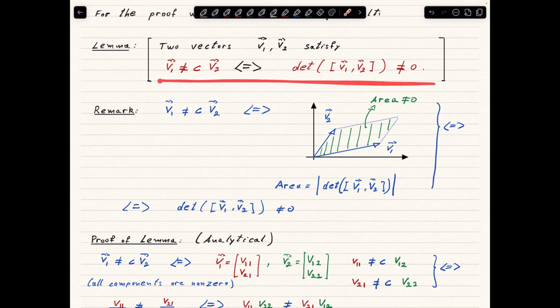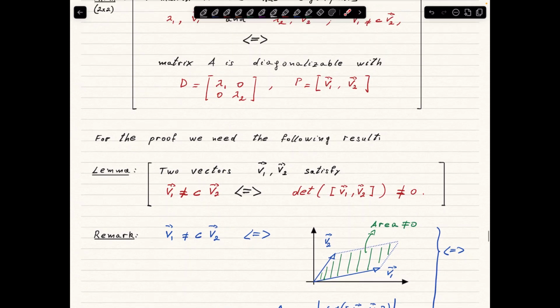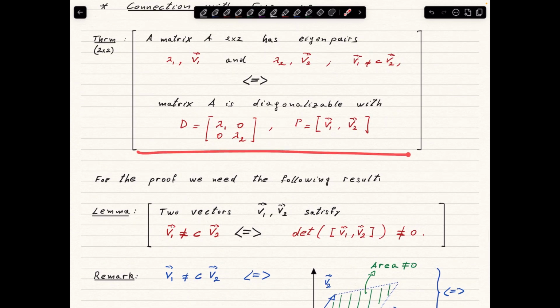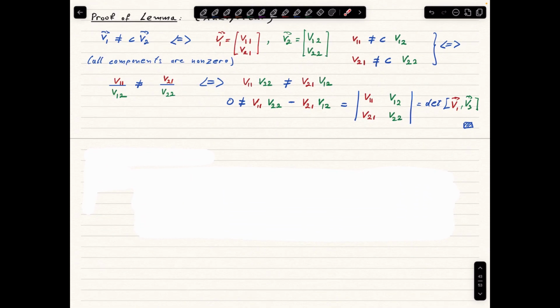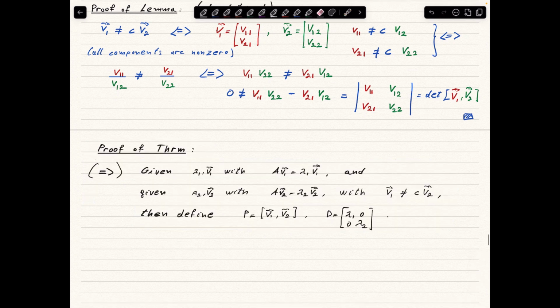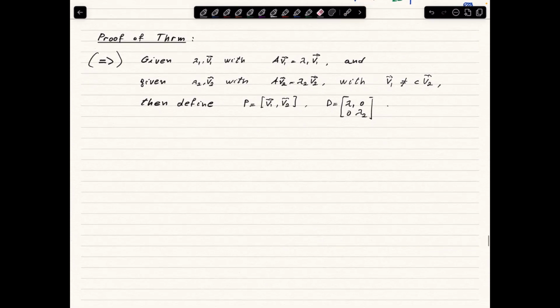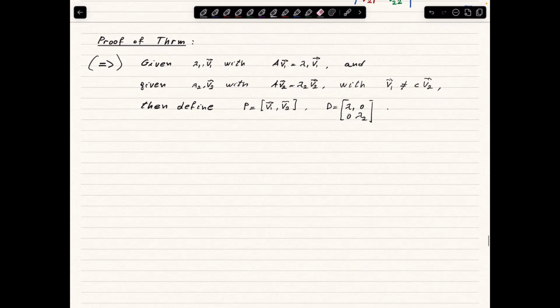And with that result, we can now go back and prove this result here. So now let's prove the theorem. The theorem is an if and only if, so we have two things to do: prove it in one way and then in the other way. So here is one way.